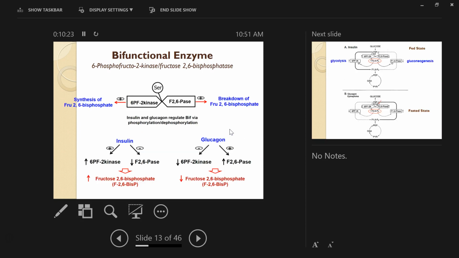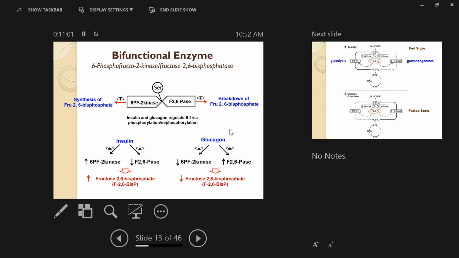This is just more information about this regulation. The insulin and glucagon hormones are actually on top of the bifunctional enzyme, so insulin and glucagon levels can regulate bifunctional enzyme activities. Depending on which hormone, they can regulate different enzymes in the bifunctional enzyme.